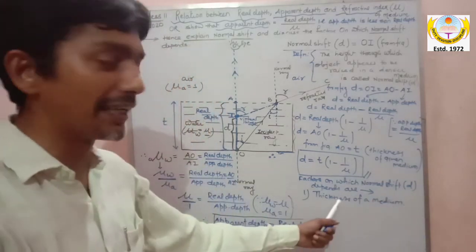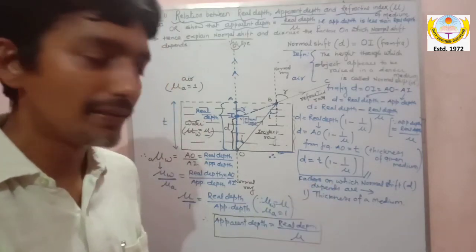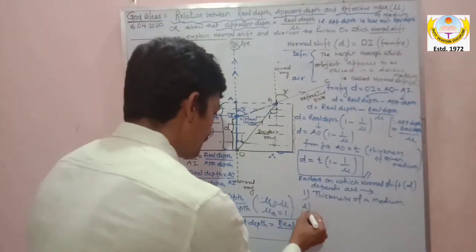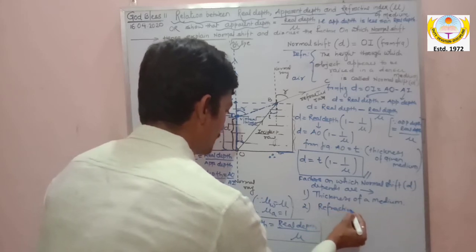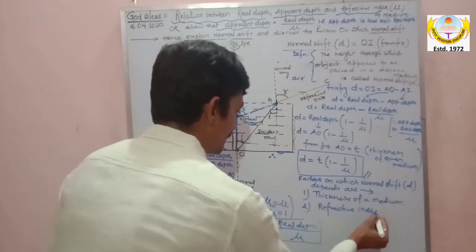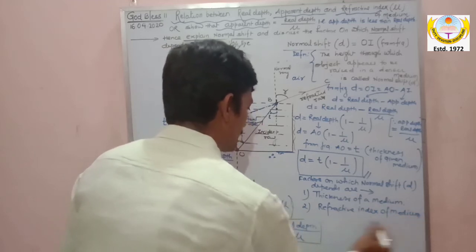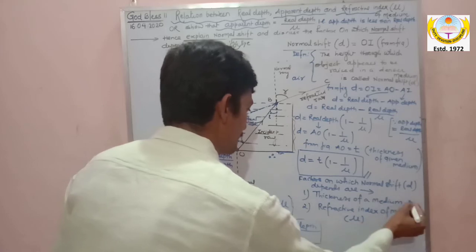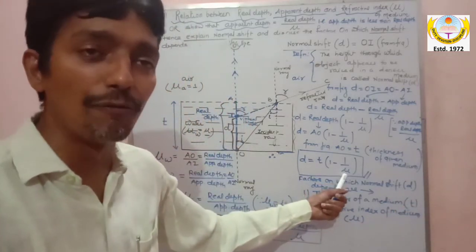It depends upon the thickness of a medium. You can see in the formula T. And second, refractive index of medium, that is mu. It depends upon the refractive index of the medium also.